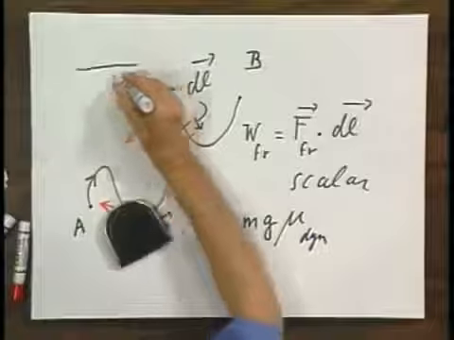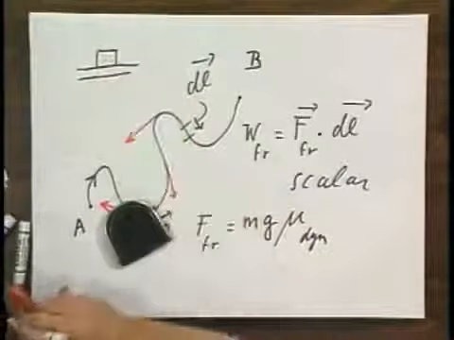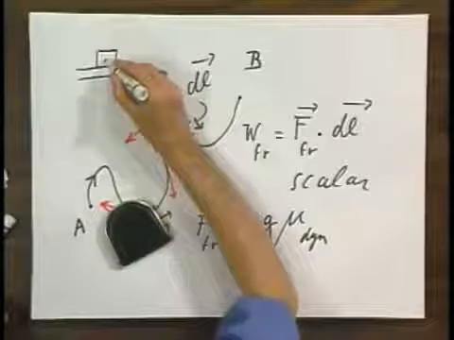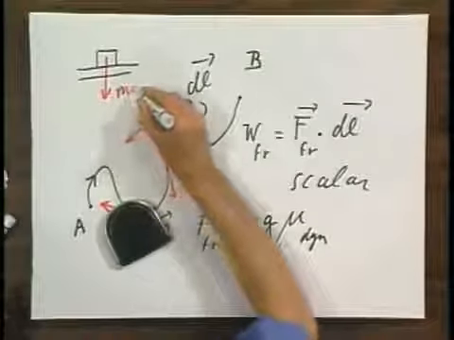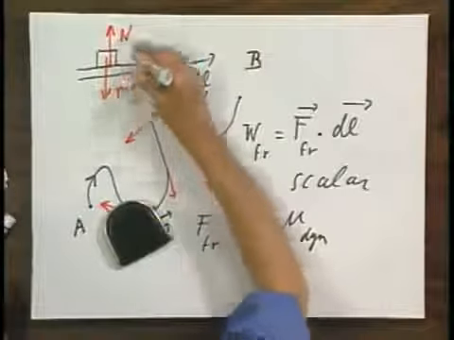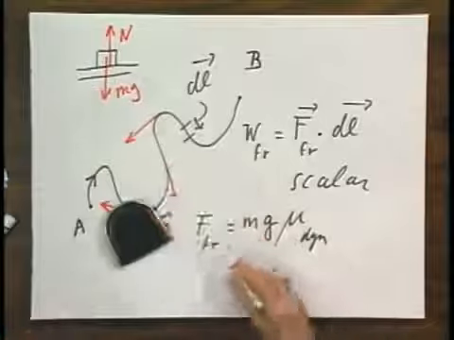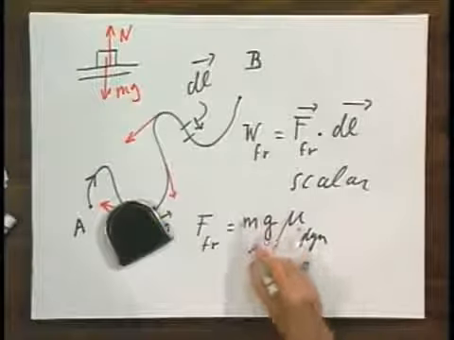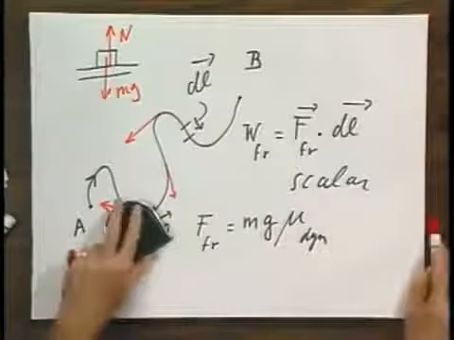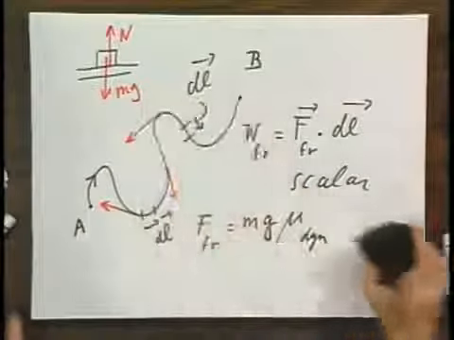The side view, if this is my purse, there's a gravitational force down, mg. There's a normal force up. These two are same in magnitude. And the frictional force is this normal force times the kinetic friction coefficient, as long as this object is moving around.